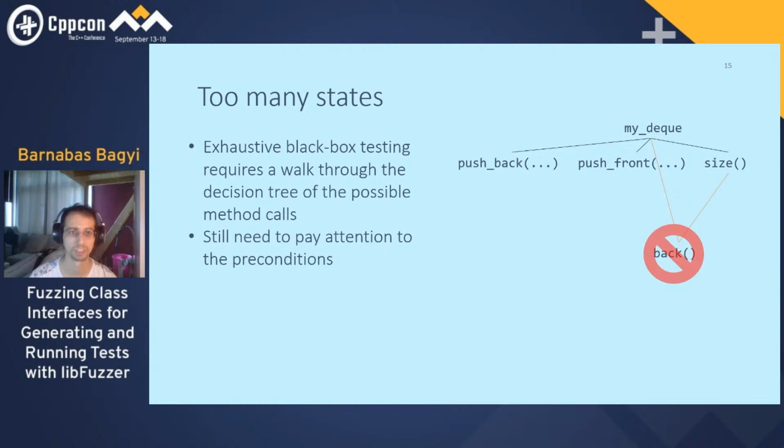There's just too much. And another thing which complicates it is that we still need to pay attention to the preconditions, right? We have to care about the method calls being legal as well.